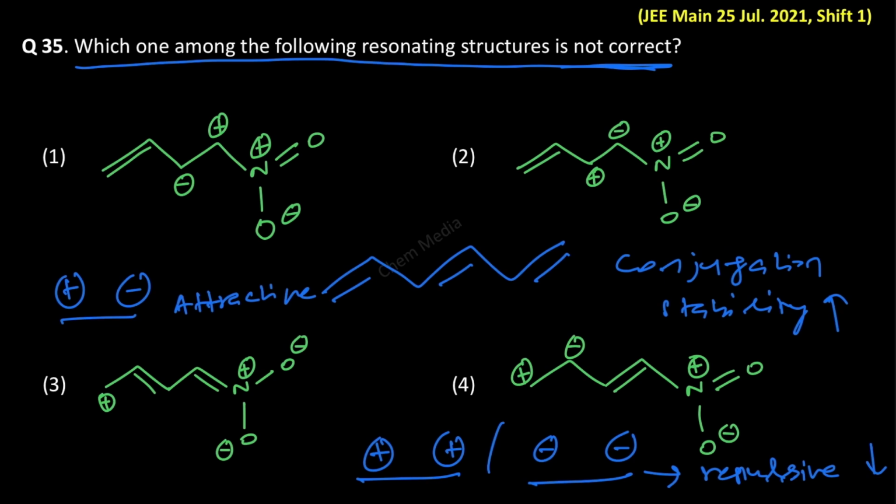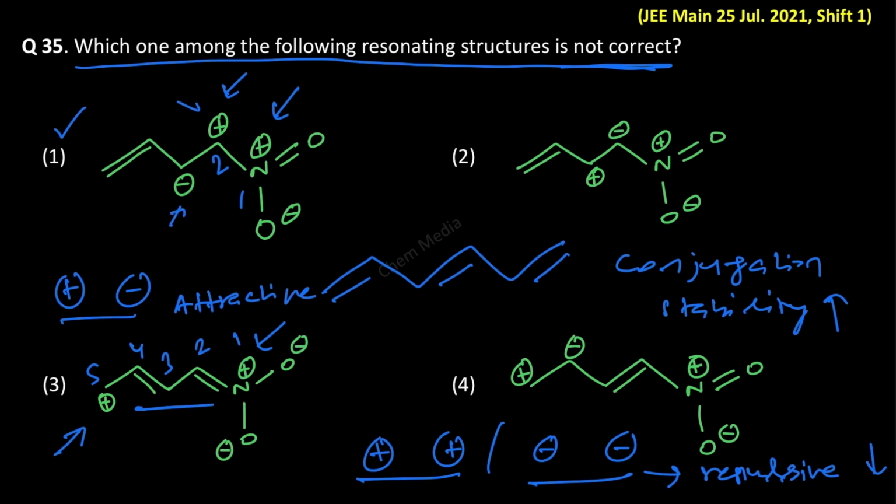So in 3 we see conjugation here, we see a positive charge here and we see a positive charge here, but this is a 1:5 relationship. 2 positive charges are away, isn't it? But in the case of 1, we see 2 positive charges at 1 and 2 position. That is not possible. That would create a strong repulsive field. So therefore 1 should be the correct answer.